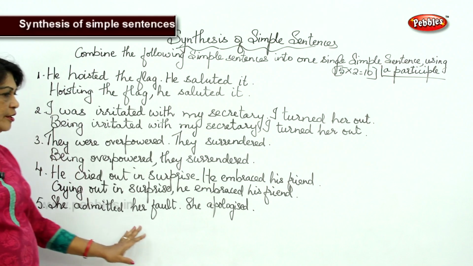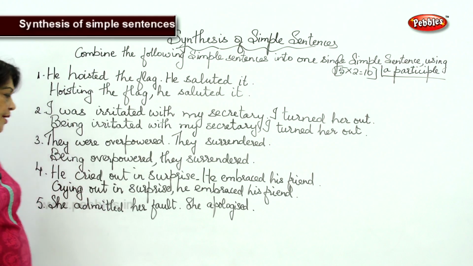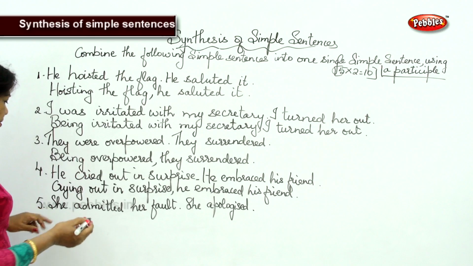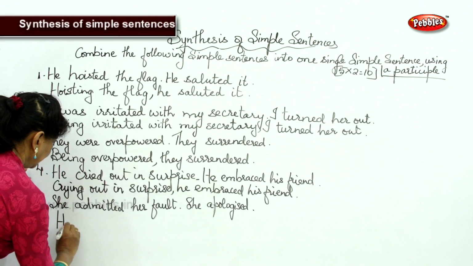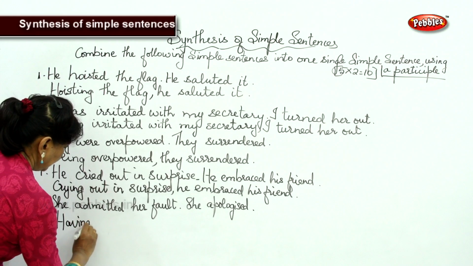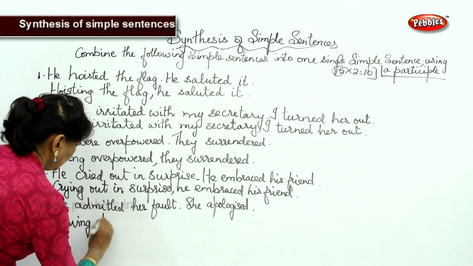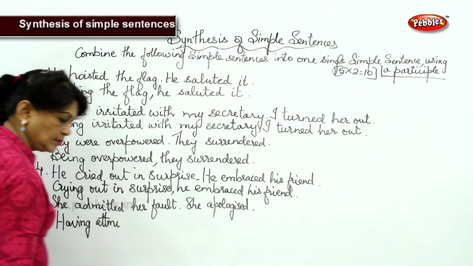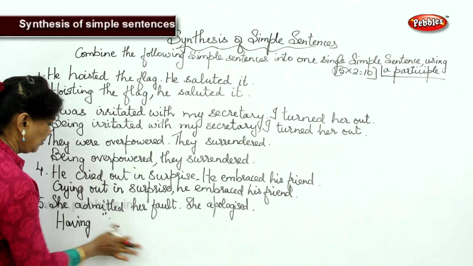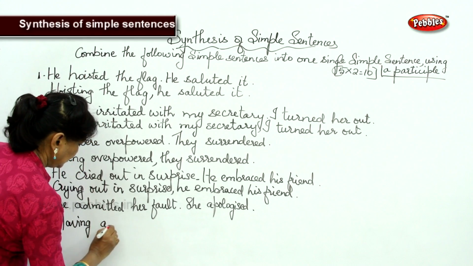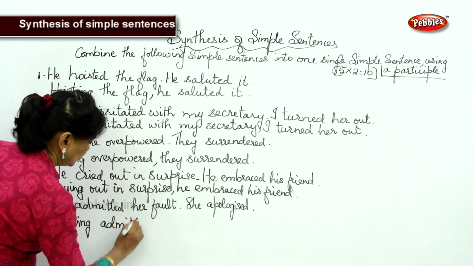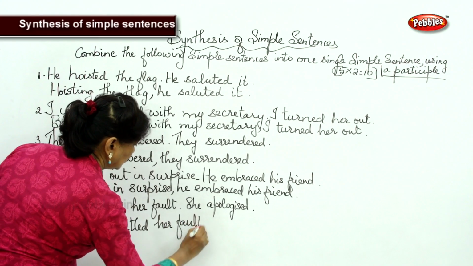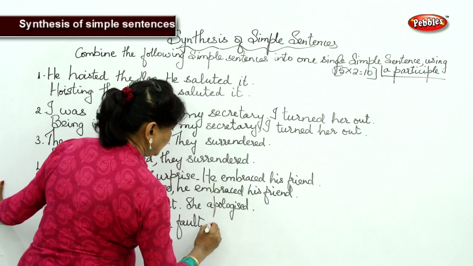She admitted her fault. She apologized. Now here, she admitted her fault, she apologized. So you have to use having. Having admitted her fault, she apologized.